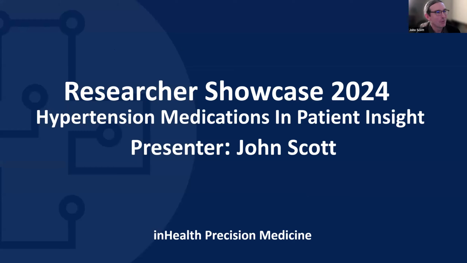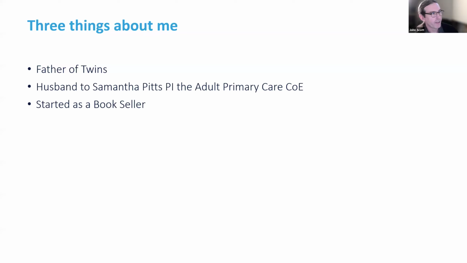First, who am I? I am a unit director at the TIC, the Technology Innovation Center, and one of the things that we do is work on PMAP. Some of you have worked with me. Three things about me. I'm a father of twins, so we've got something in common with Michael. I don't have any pictures because if I did, my daughters would kill me. I'm also a husband to Samantha Pitts.